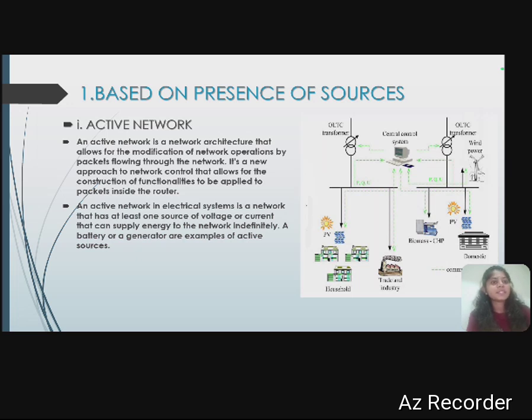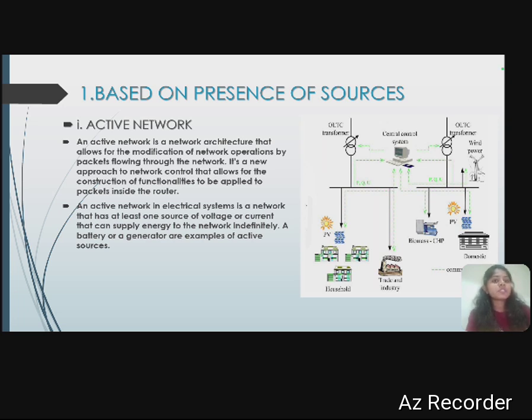Based on the presence of sources, the first one is the active network. An active network is a network architecture that allows for the modification of network operations by the packets flowing through a network. It's a new approach to network control that allows for the construction of functionalities to be applied to packets inside the router.